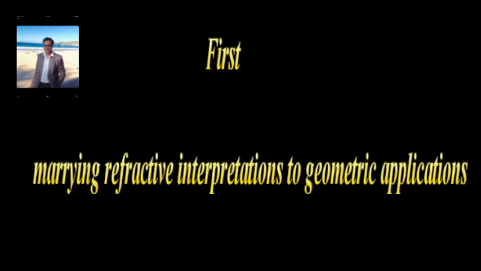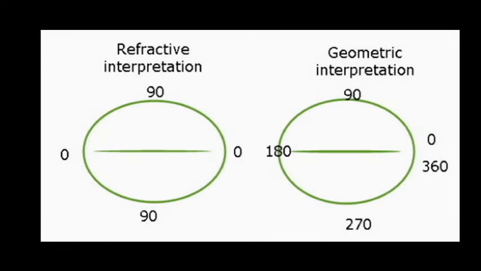Now, in order to do a vector analysis, that is, apply the principles of trigonometry and geometry to refractive science, we have to understand there are certain things that are interpreted differently in the refractive world when compared to the geometry and trigonometric world.